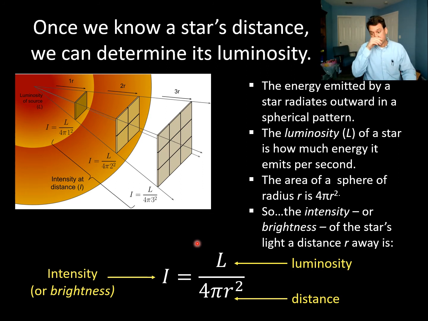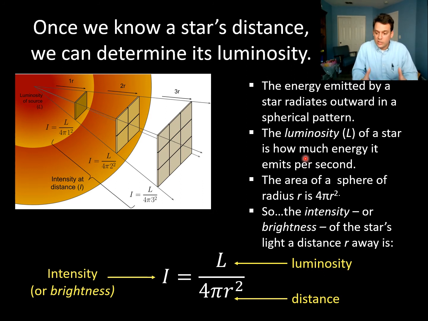Since energy is conserved, once the energy is emitted, you're not getting more or less energy in that sphere. The sphere is just getting bigger. So the luminosity is the total energy emitted, 4 pi r squared is the surface area of the sphere over which that energy is now distributed, and the intensity is just equal to that total luminosity divided by the surface area.